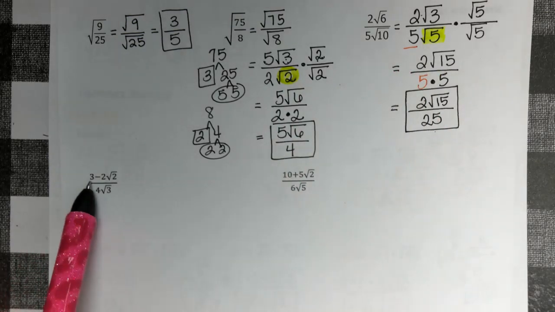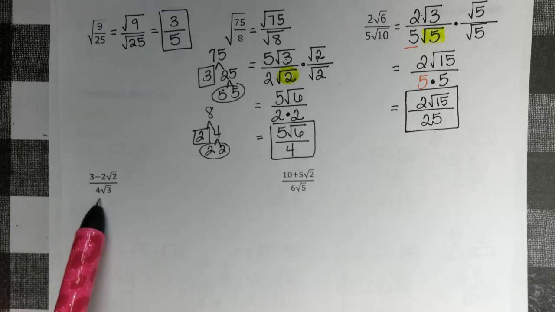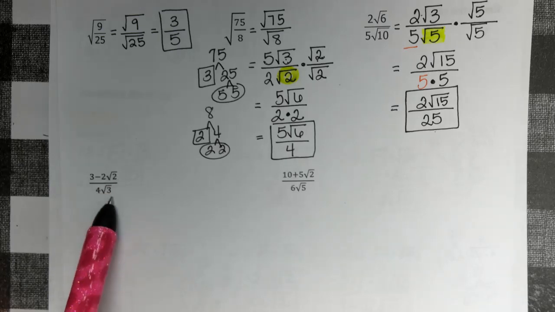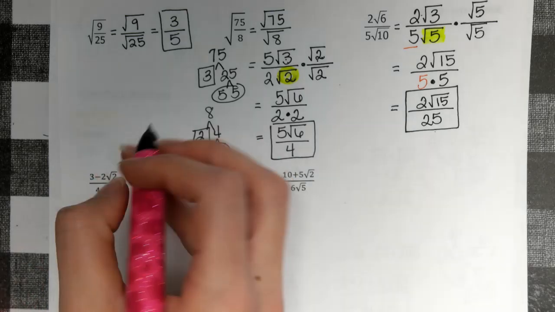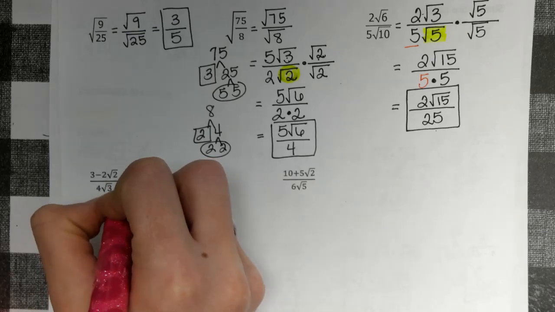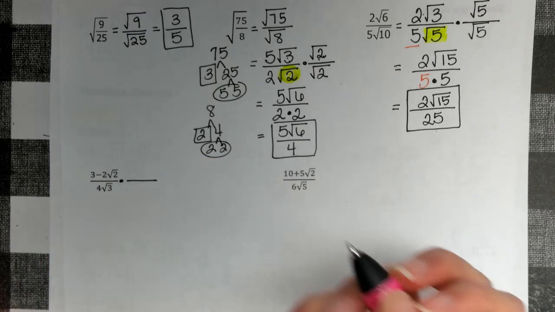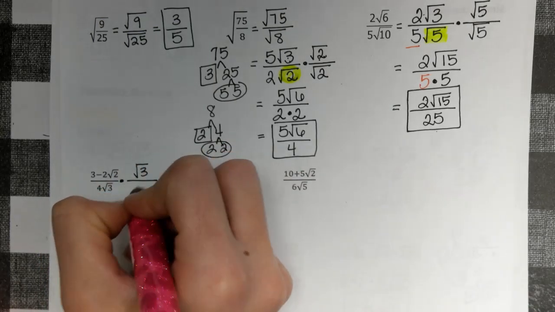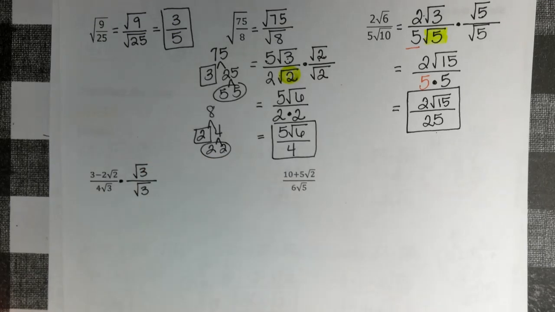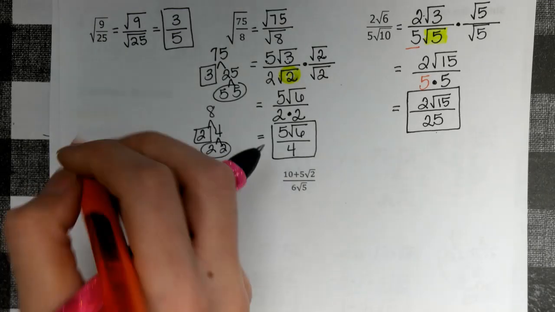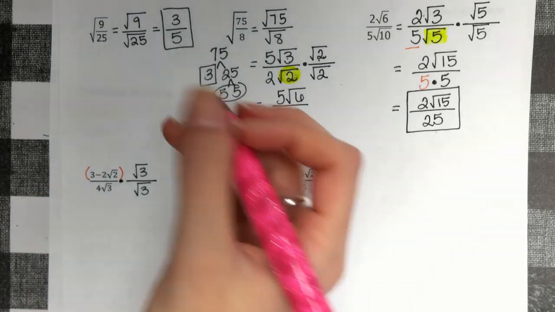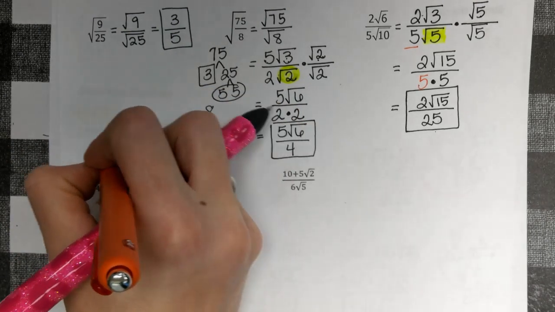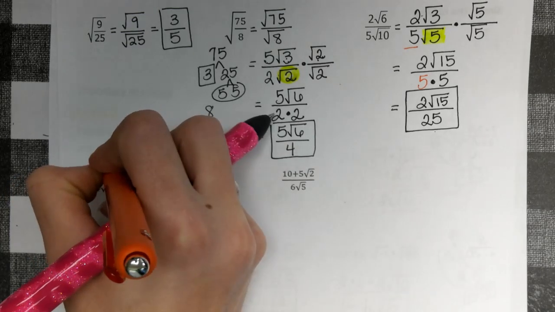Okay? So I've got 3 minus 2 square root of 2 over 4 square root of 3. Cannot simplify 2, cannot simplify 3. So I just start rationalizing. So what am I going to rationalize by? Square root of 3. Now my numerator is a binomial. I have 2 terms. So I'm going to take that square root of 3 and I'm going to distribute it to every term in that numerator.